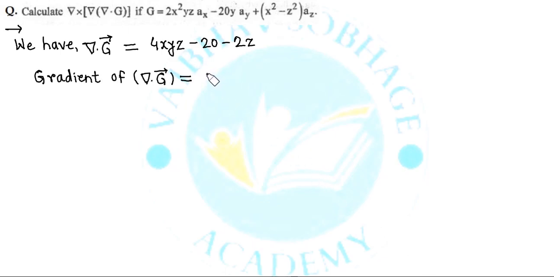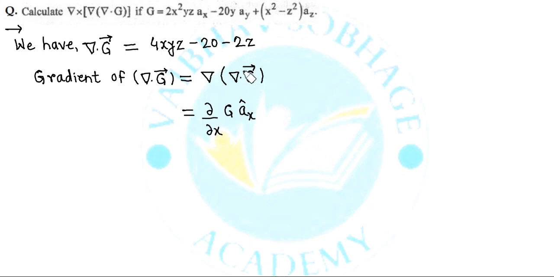Now, what is the property of the gradient? Here in this case, we are going to find the gradient of the divergence of vector g, which is in the Cartesian or rectangular system. The gradient in the rectangular system is d by dx of the given vector along ax, and so on. So this is how we express the gradient, and here we have to find the gradient of the divergence of vector g.